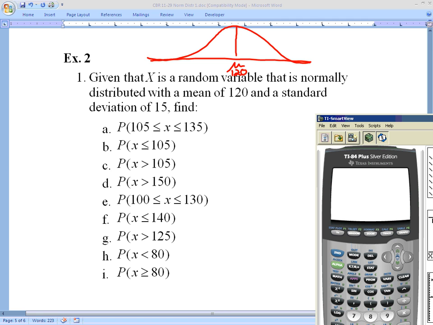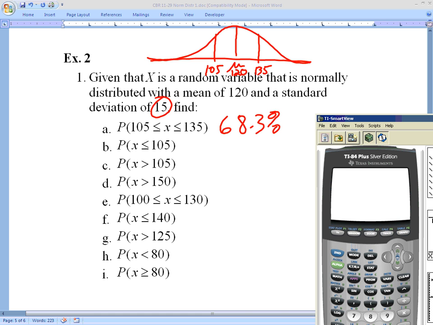If I go one standard deviation higher, I would be adding on 15, and so that would get me up to 135. If I go one standard deviation lower, 120 minus 15 gets me to 105. So I already know the answer to part A. The probability is going to be 68.3%. And that's to 3 significant figures because we know it's within 1 standard deviation in either direction.